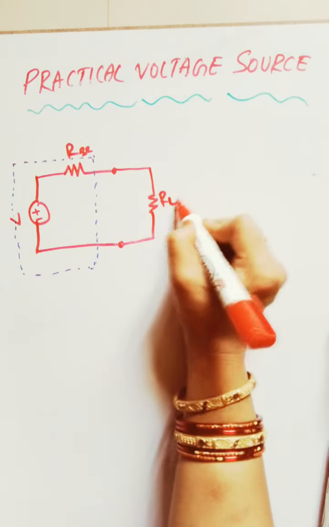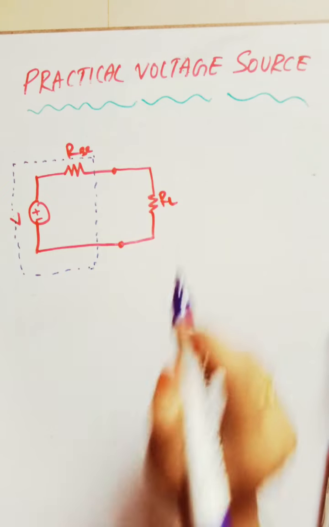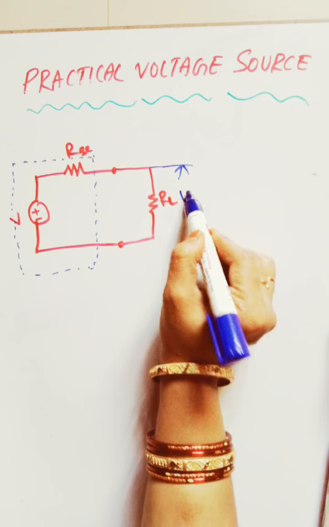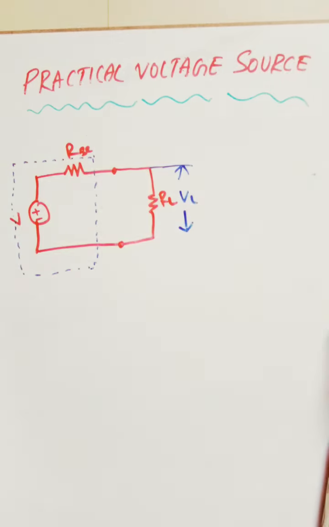This is a load resistor RL, which will give rise to a voltage VL across this load resistor.